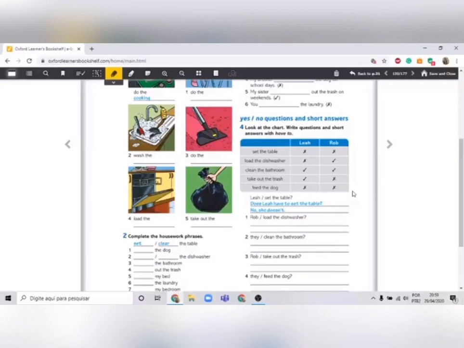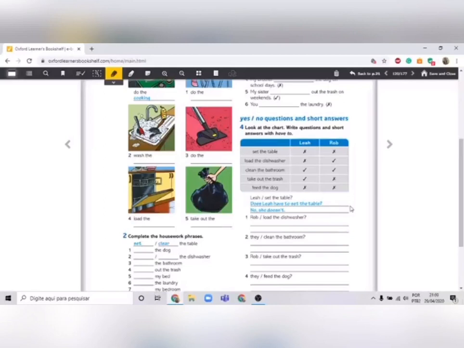The first one is Leah about set the table. So Leah doesn't have to set the table because we have an X here. So, does Leah have to set the table? The answer is no, she doesn't.